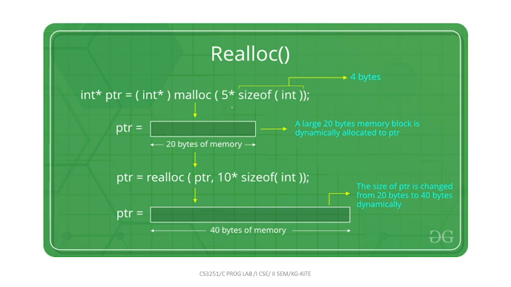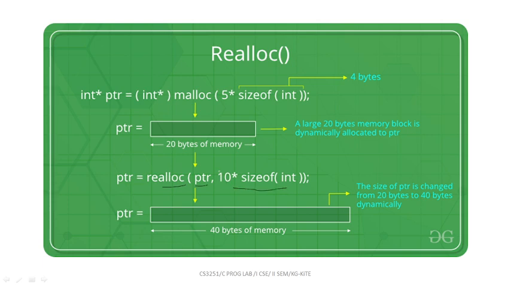That is the logic behind this realloc function. It requires an already existing pointer, and here is its syntax: realloc of an already existing starting address, and the size of the new allocation.